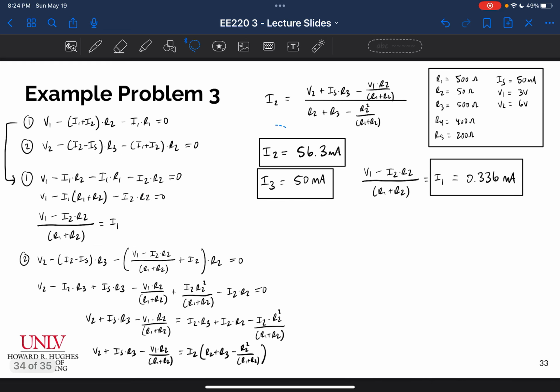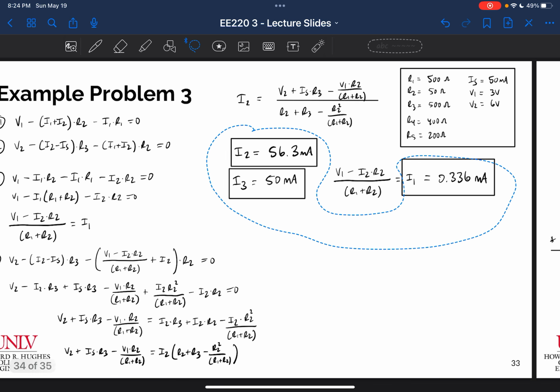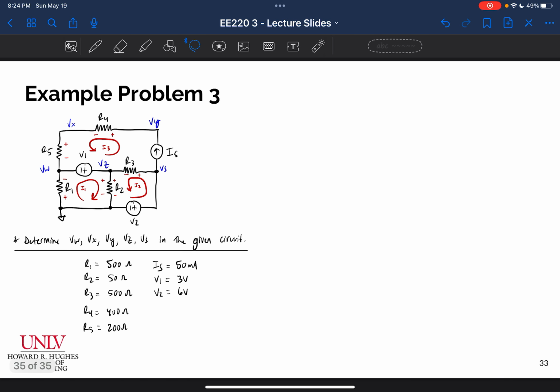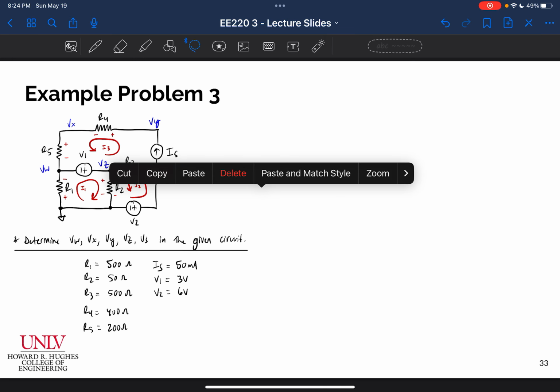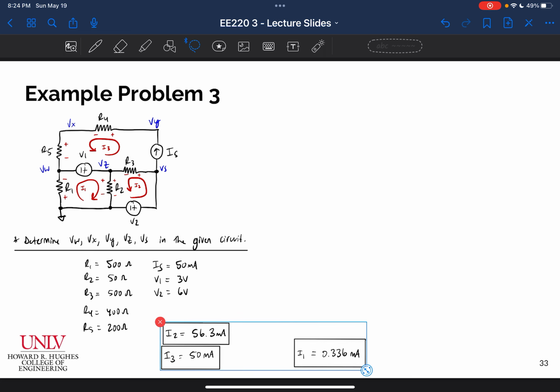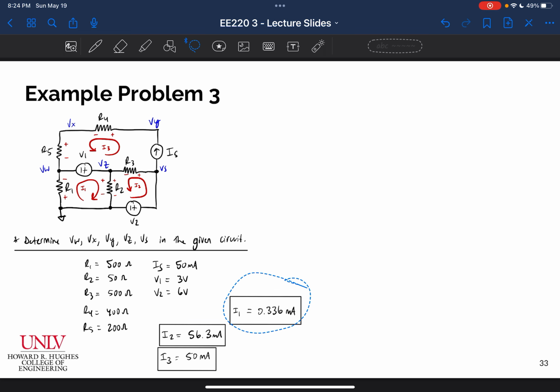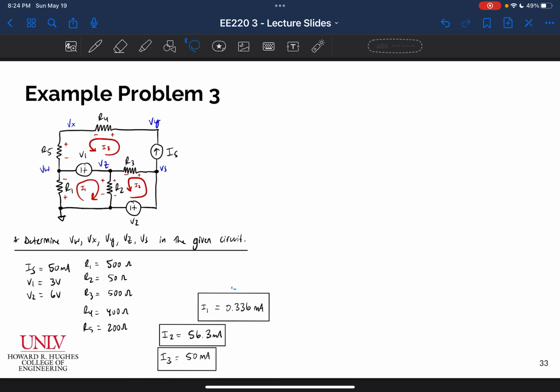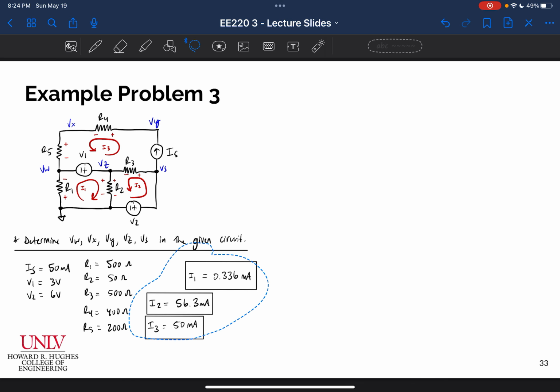And then let's go get our current values. I only need these. And we should be able to go and solve for our voltages now that we have these currents. Let me move these over here, and then I can move these here. All right, just some reorganizing.